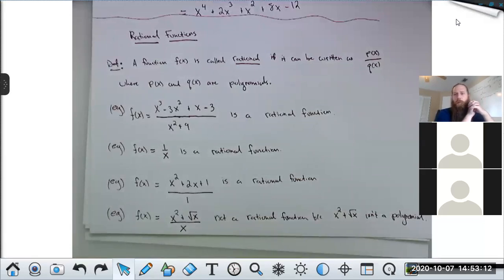Rational functions kind of obey the same rules as polynomials, except the denominator makes things a little bit more complicated. So there are two new concepts that we need to talk about for a rational function, and those are asymptotes: vertical asymptotes and horizontal asymptotes.